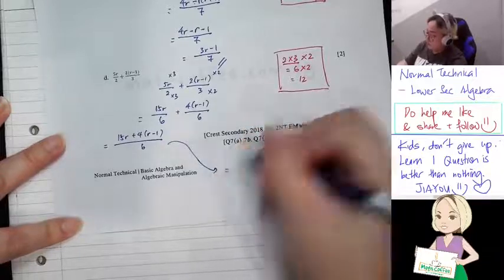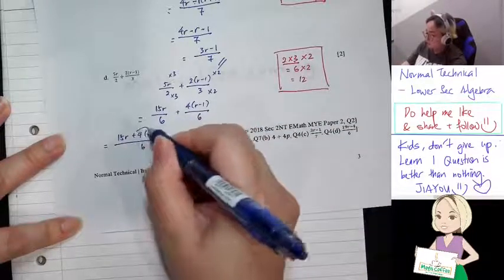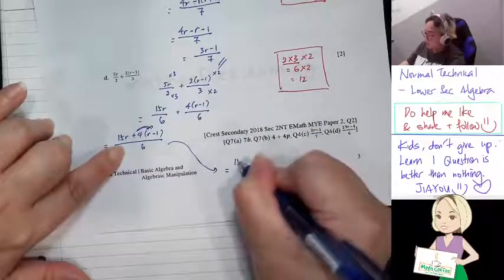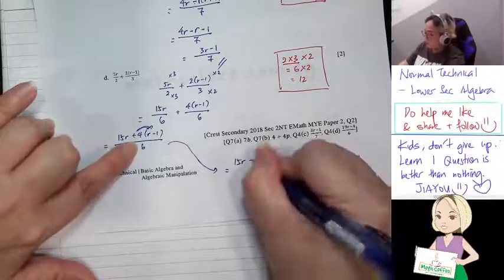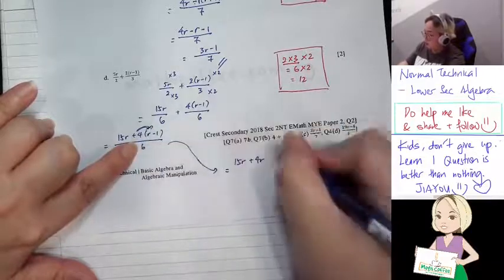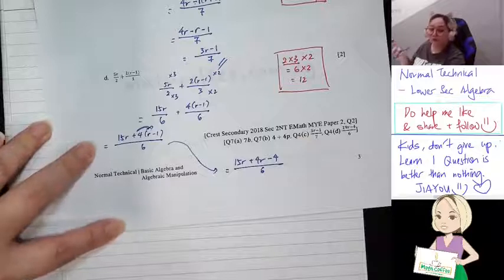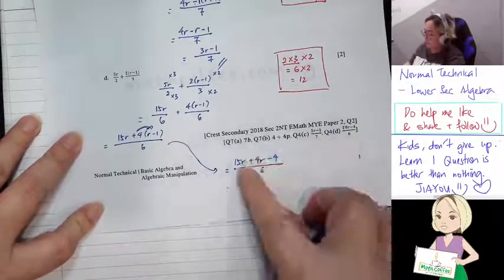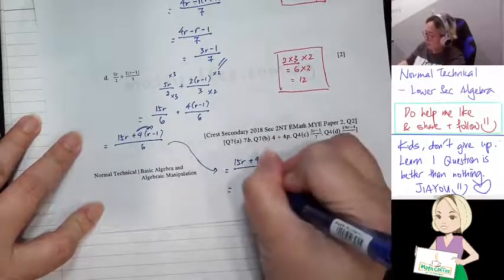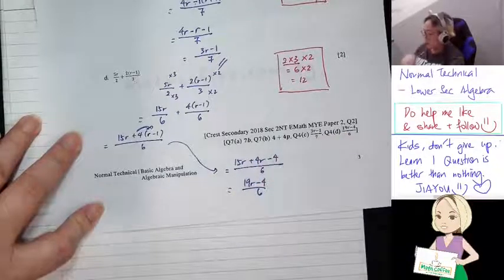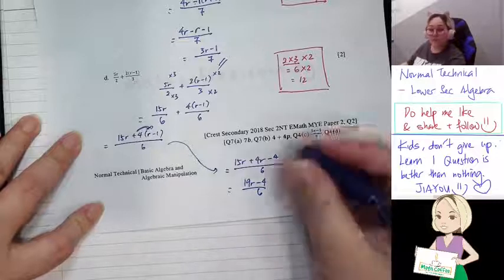So let's rainbow. 15r, no change of course. This rainbow will get plus 4r, and this rainbow will be negative 4 over 6. Don't forget to put your denominator 6. 15r plus 4r, so you get 19r. So 19r minus 4 over 6, and that is your final answer.